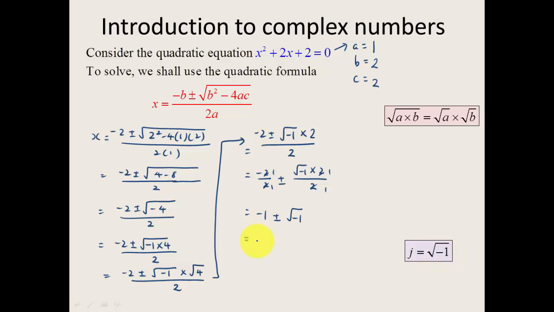Hence, my x is negative 1 plus or minus j. Hence, x can be negative 1 plus j or negative 1 minus j. We conclude by saying that this quadratic equation has two complex roots, and they are negative 1 plus j and negative 1 minus j. This quadratic equation does not have any real roots because its roots are complex numbers.